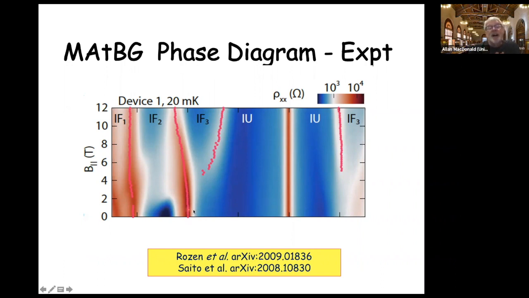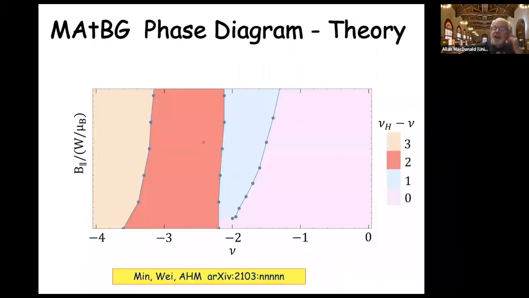As you tune near -2, that's where you first have at zero field spontaneous flavor polarization, which includes spin polarization, of course. And as you approach that, it seems like in a magnetic field, you have a very similar wing on the phase diagram in which there's kind of a metamagnetic state. So this all hangs together.